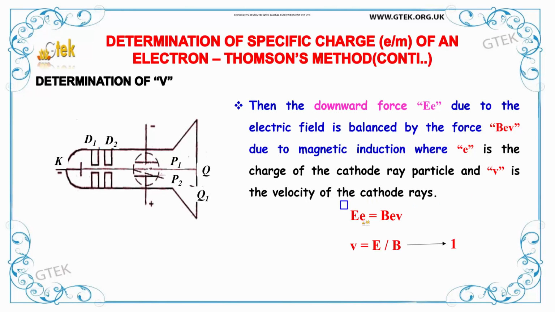So equating Ee and Bev, you get E equal to Bv, and v equal to E divided by B. This is your equation.